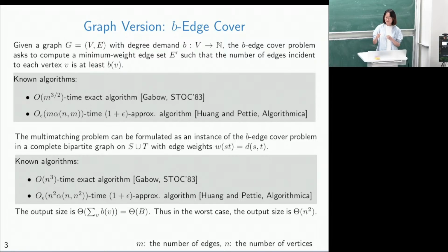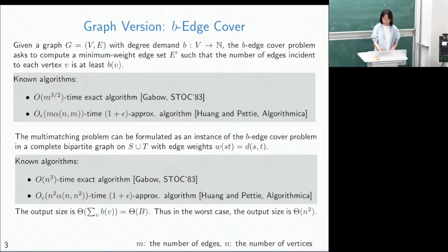It just combines several known techniques and data structures. And here, the second approximation algorithm is tight because the output size is the total degree bound.